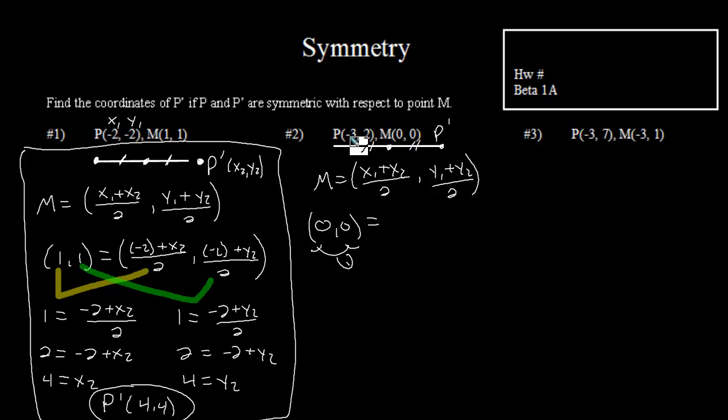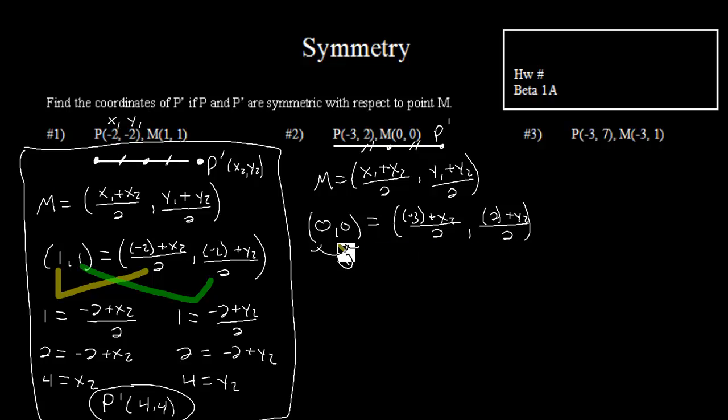Our x value, one of our x values is negative 3. The other one we don't know. So we'll say it's x sub 2. One of our y values is 2. The other one we don't know. So we'll call it y sub 2.